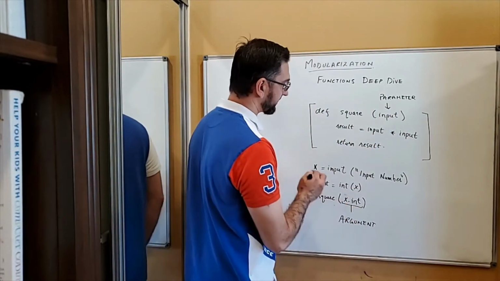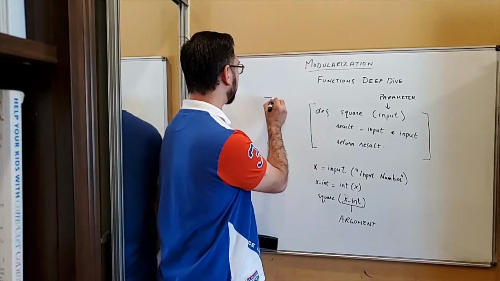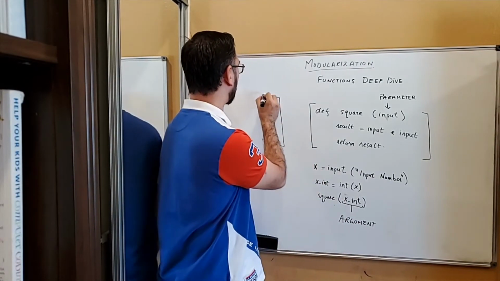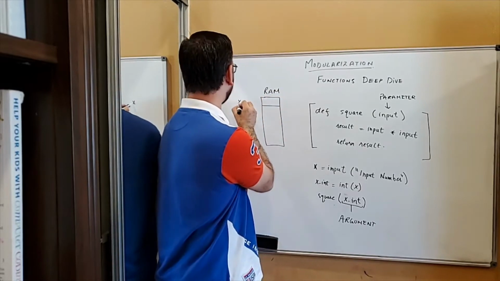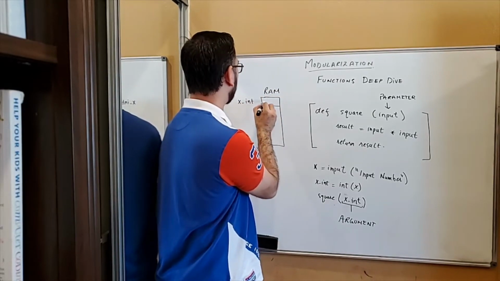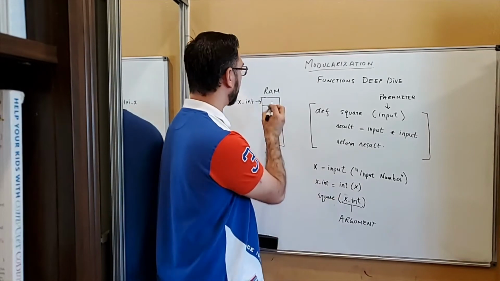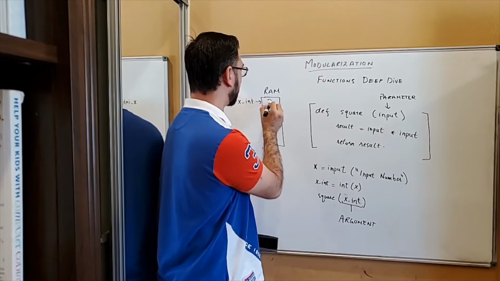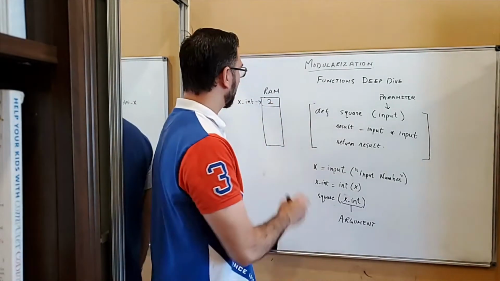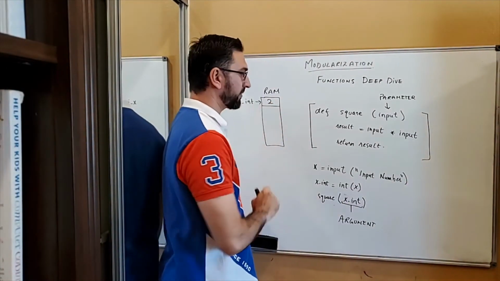So what is this? In our memory, let's suppose this is RAM. And as we have studied, when you define a variable x int, it is a pointer to the location in memory which holds the value of this number. So if the number is 2, for example, this value will be stored in RAM.